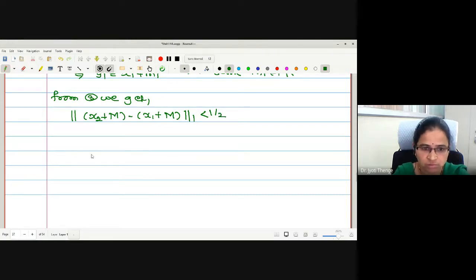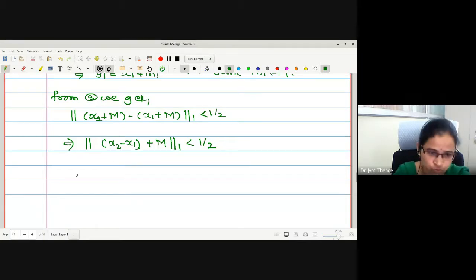Can I write it as norm 1 of x2 minus x1 plus M? I wanted to write it as x1 minus x2. Therefore, I have to take minus 1 common.